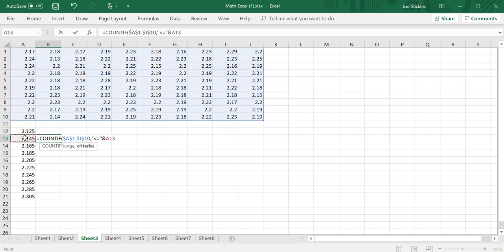So you want it on the second one? Yeah, because there's only 9 classes, even though we've got 10 points. Oh. Yeah. I don't even really need that first point at all. I only needed the first point to tell me how long the classes were, because for our purposes, between 2.125 and 2.145 is just going to be less than 2.145.